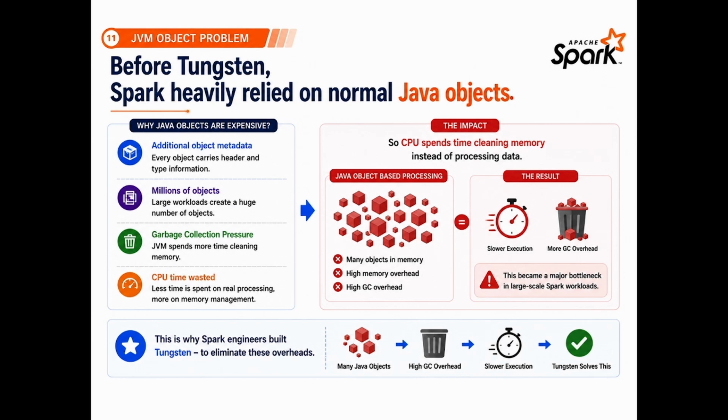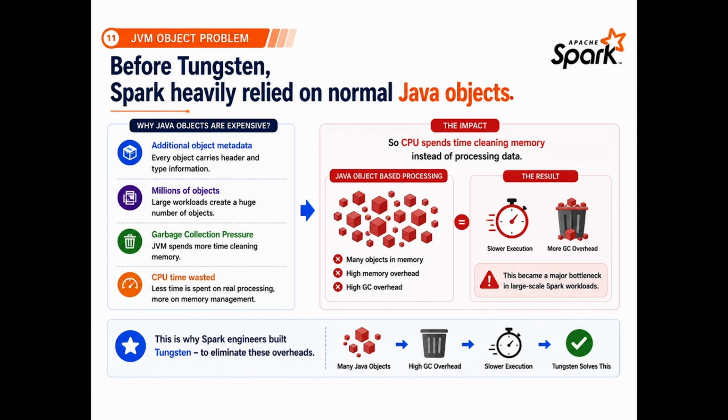This creates three cascading problems. First, high memory usage. You're using far more memory than your actual data requires. Second, garbage collection pressure. The JVM now has to track, scan, and clean up all those objects. And while the garbage collector is running, everything else pauses. Third, CPU time wasted.